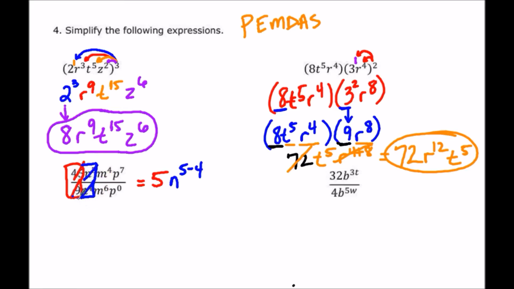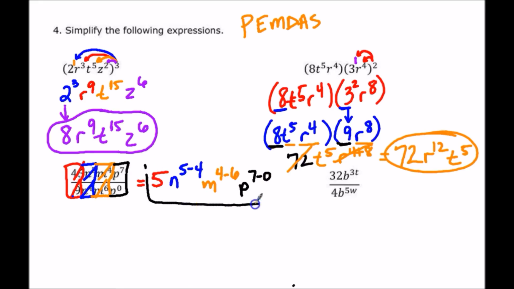Then I look at my m to the 4, m to the 6. I like to box the ones that go together. So I've got 4 minus 6. And then one more right there. Some of you remember that the p to the 0 cancels out, but we're just going to write it down as 7 minus 0. Okay?